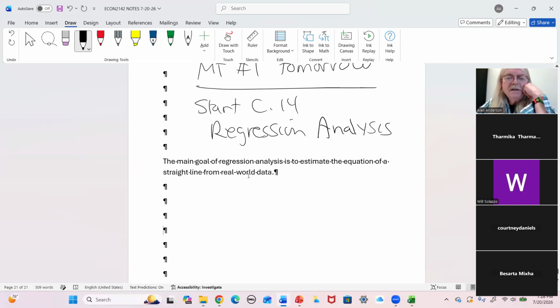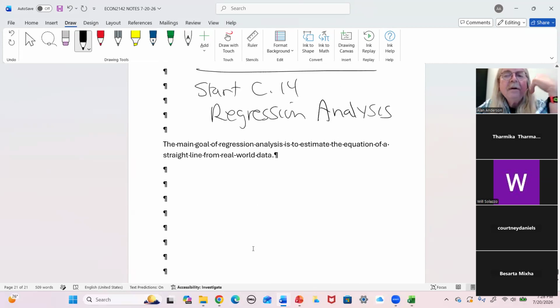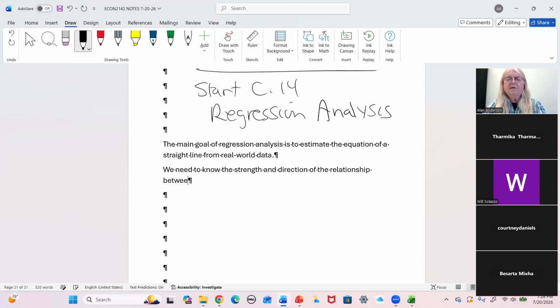The reason this is so challenging is that in the real world, the relationship between two variables is never perfect. What we're trying to do is come up with a sense of how strong the relationship is and its direction. In fact, we need to know the strength and direction of the relationship between two variables.